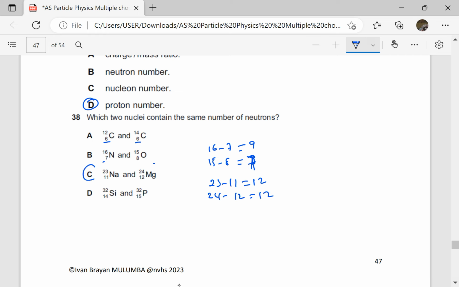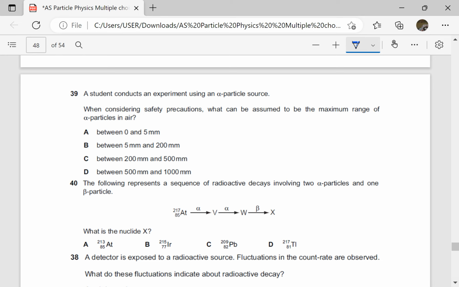When considering safety precautions, what can be assumed to be the maximum range of alpha particles? These ones have a few centimeters, about 6 centimeters in air. So considering safety, 6 centimeters is going to be... this is 5 millimeters, 0.6 centimeter, 0.5 centimeters, that is too small.